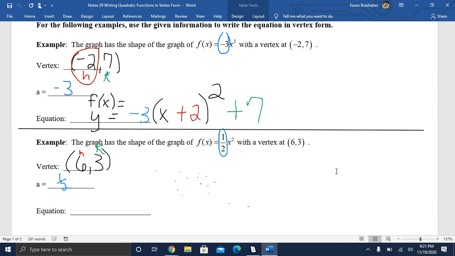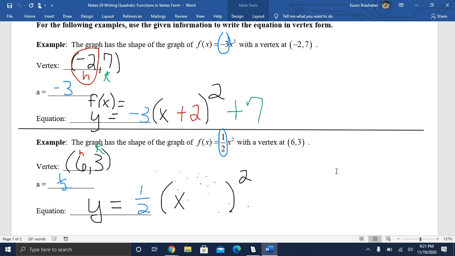And so you're going to write your equation. Again, they may already have y equals, or they may already have f of x equals. You'll put the a, so 1/2. If it's a fraction or some other weird kind of number, don't worry about it. Then you'll have x.